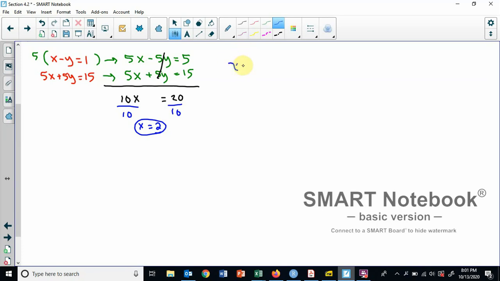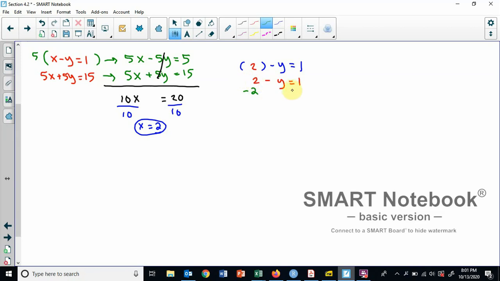Even though it has a subtraction sign, or negative y, I think we can handle that. So we're going to plug in a 2 for x. So it's just 2 minus y equals 1. Now, this 2, if you look out front, it's a positive 2. So to move it over, I'm going to subtract 2, because this negative sign belongs to the y.